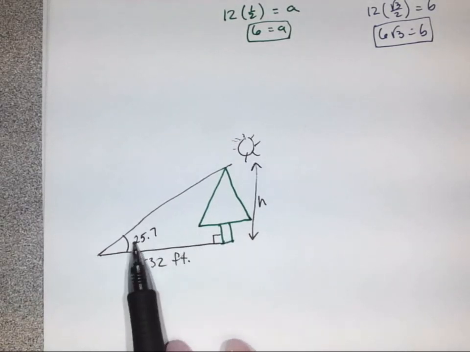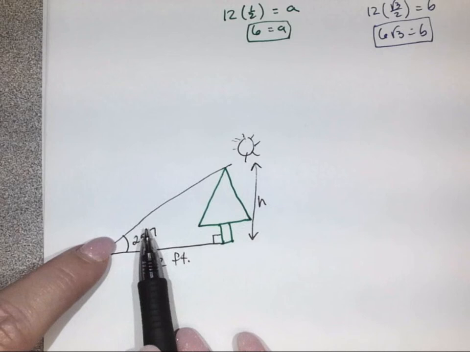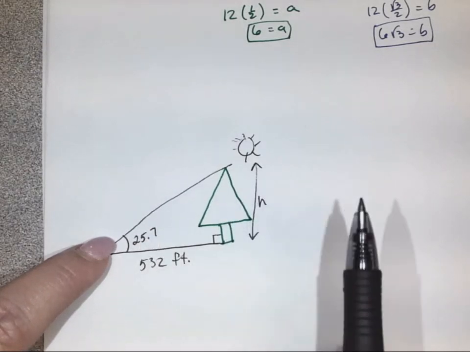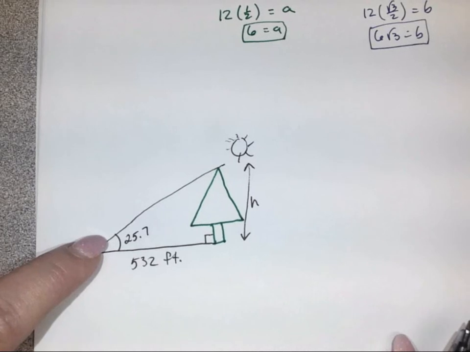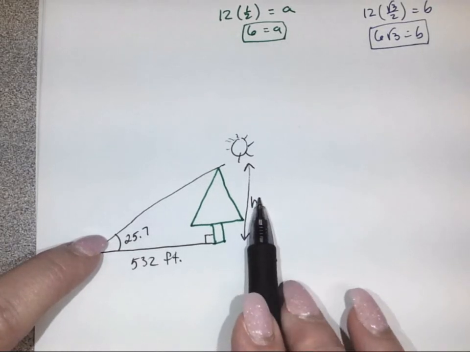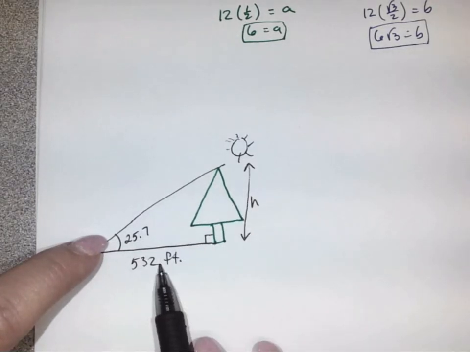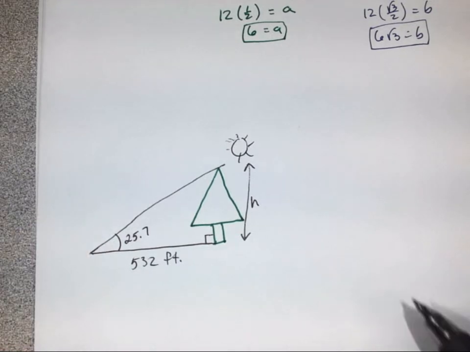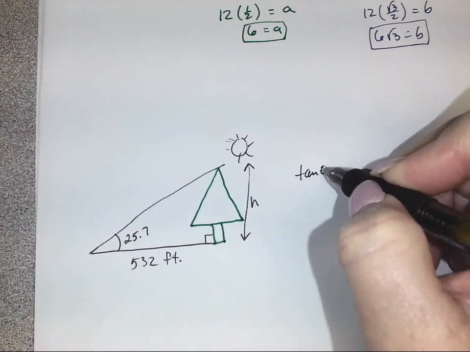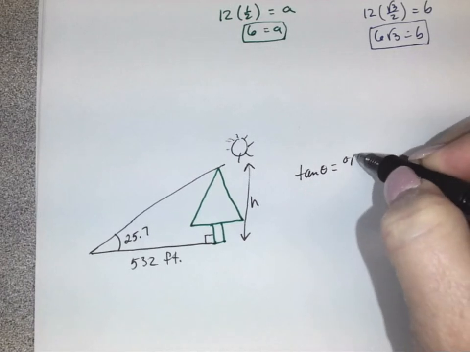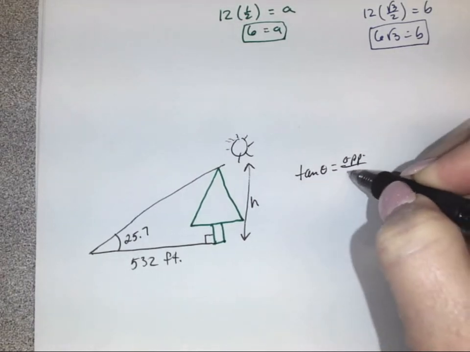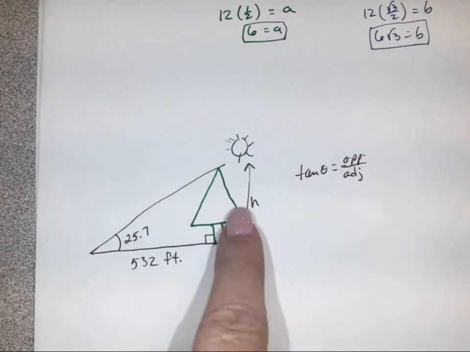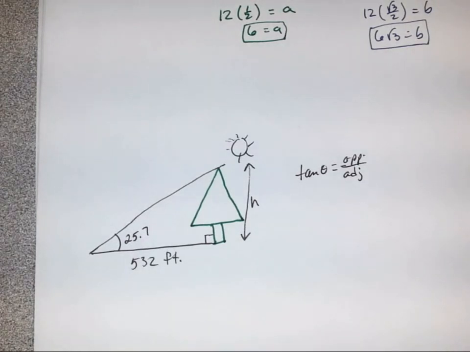So if we're looking at this angle, it's the adjacent side, and we need to find the opposite. So you can do this a couple of ways, but if we're looking at finding the opposite with the adjacent, going back to our trig ratios, we can use tangent. Remember, tangent theta is the opposite over the adjacent. Well, that'll make it way easier than if we try and do sine or cosine on this.